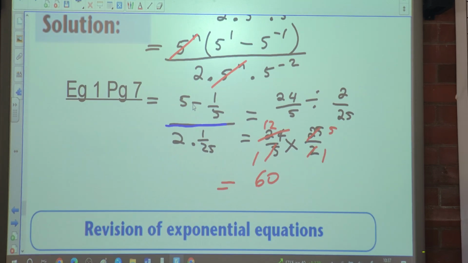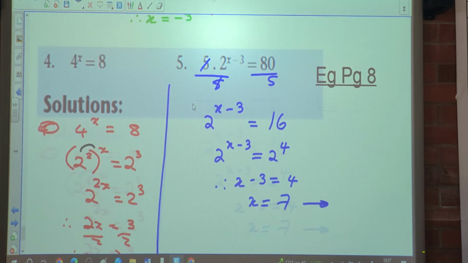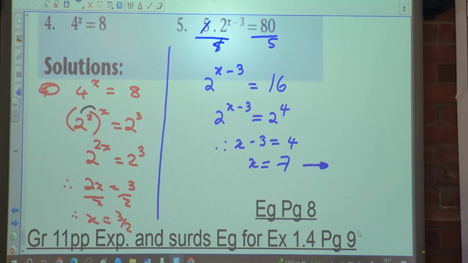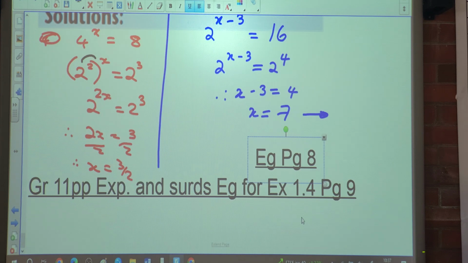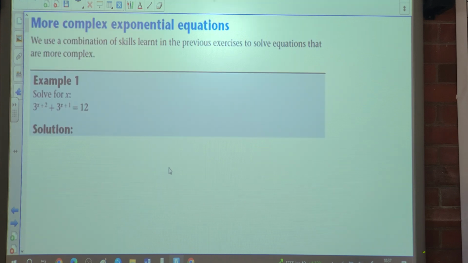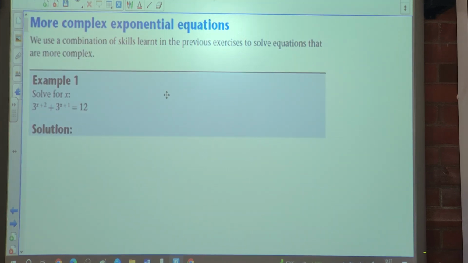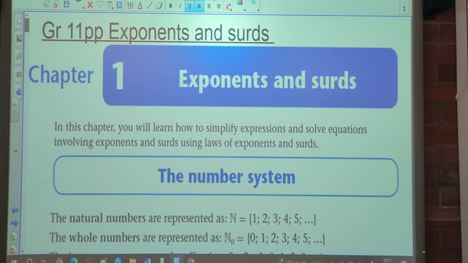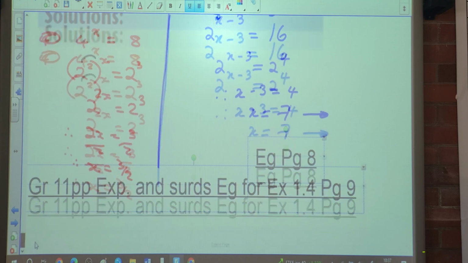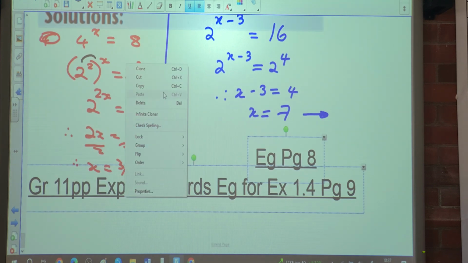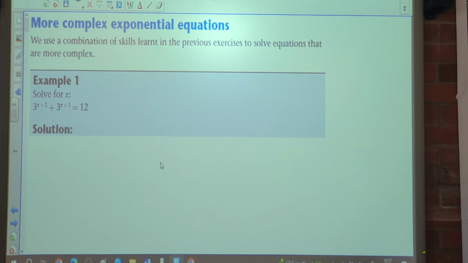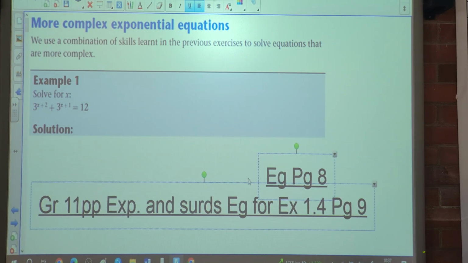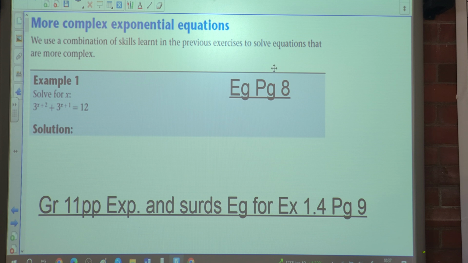So yesterday we did exponential equations, the division thereof. Okay, so today we're looking at the more complex exponential equations.